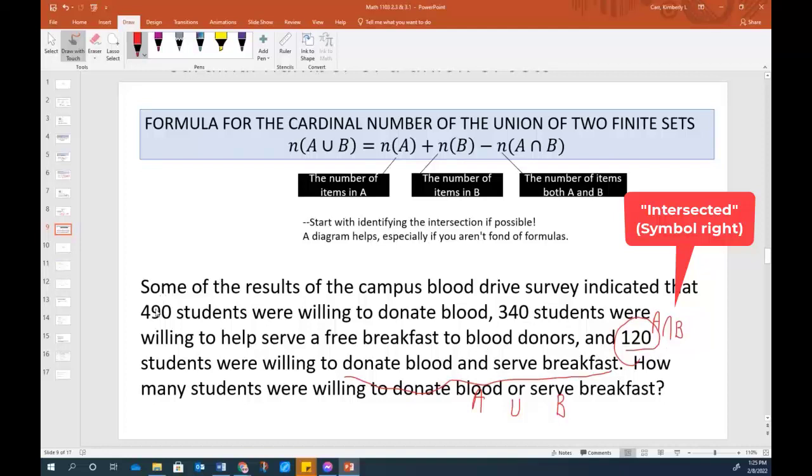Now, 490 were willing to donate blood. Blood was my set A. 340 were willing to help serve breakfast, so that is my set B, or the cardinality of it. So if you look at our formula up there, the number of the union is what I'm trying to find.